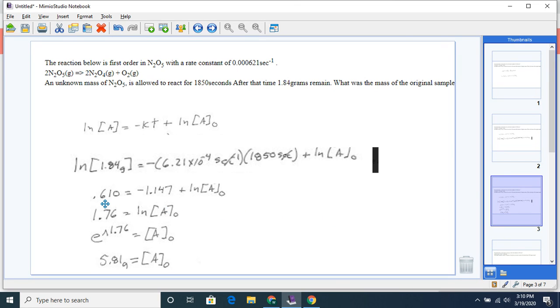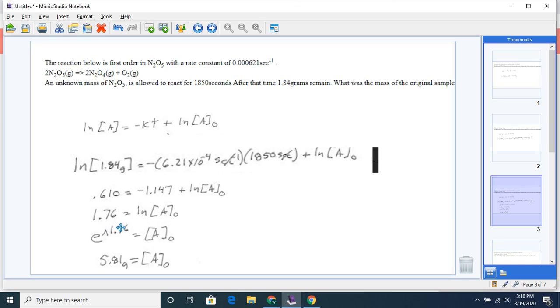We take the natural log of 1.84, and we get 0.610. That's going to equal the value of K times T, which is a negative 1.147, plus the natural log of the initial concentration, which we're trying to find. So then we're going to add the 1.147 to the 0.610.